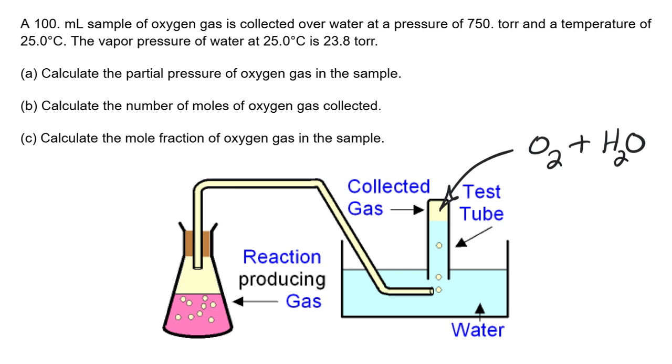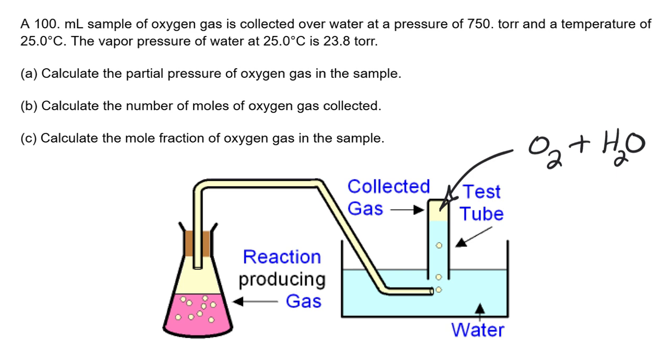They will say either a gas is collected over water, or a gas is collected using water displacement. And when you hear those terms, you have to first subtract the vapor pressure of the water that is part of this gas mixture. We're going to do that in part A.